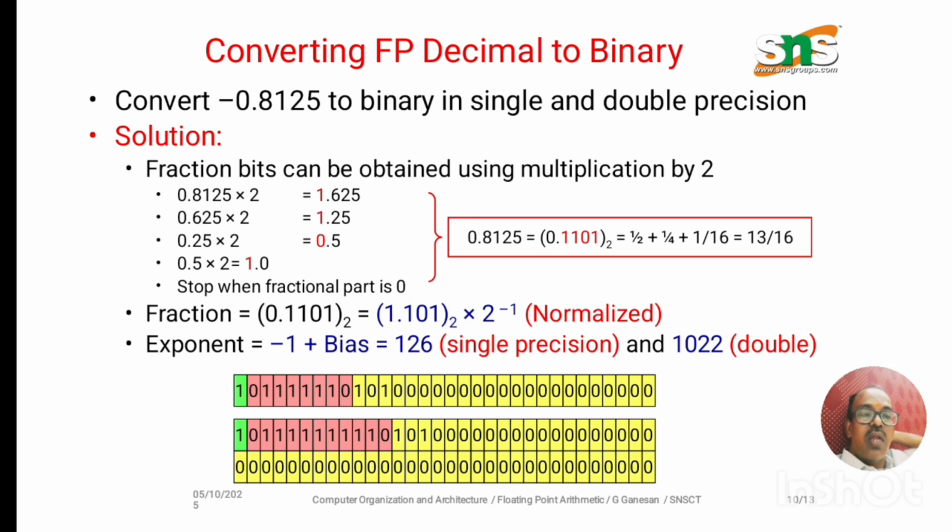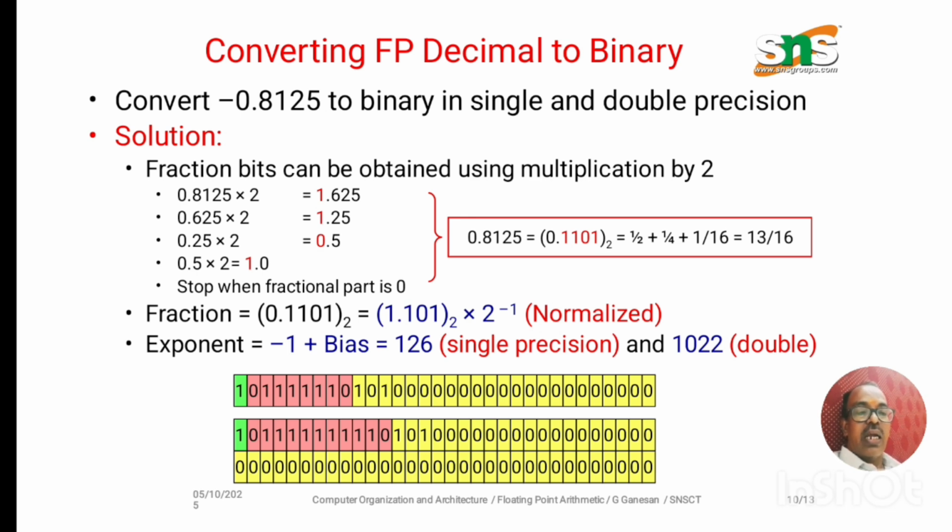We consider only the floating point part, after the dot. 0.8125 is the fractional part. We multiply it by 2 and get 1.625. So we take 1 as the first bit after the dot.